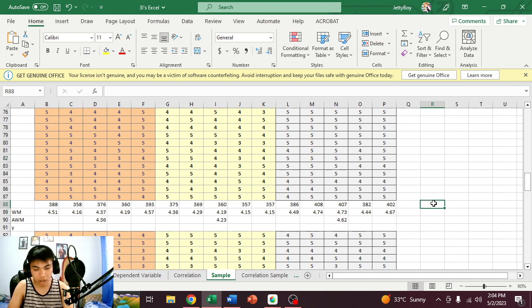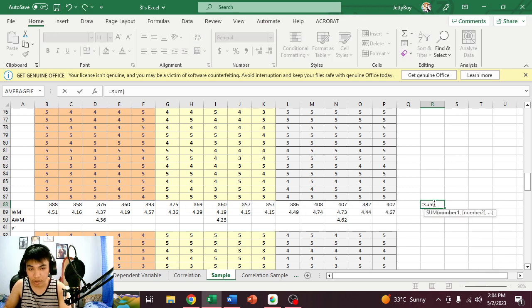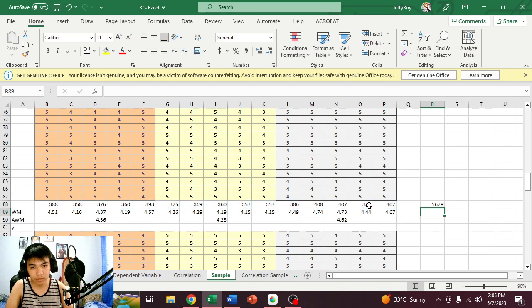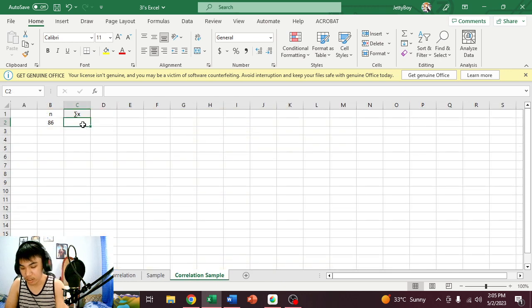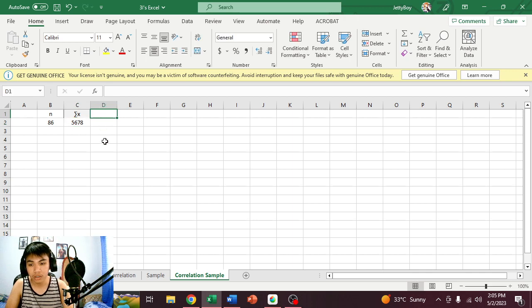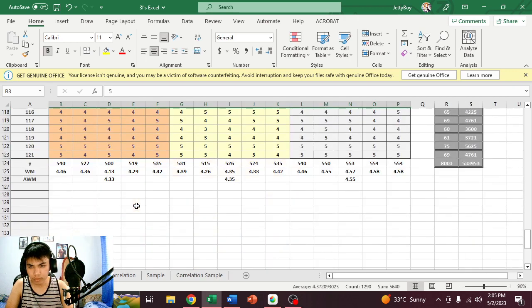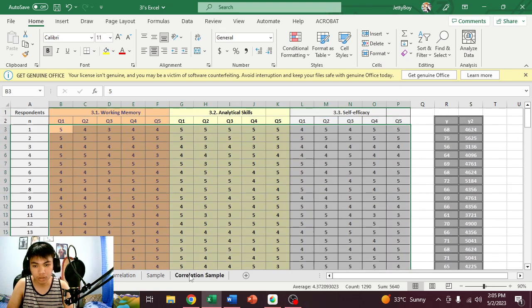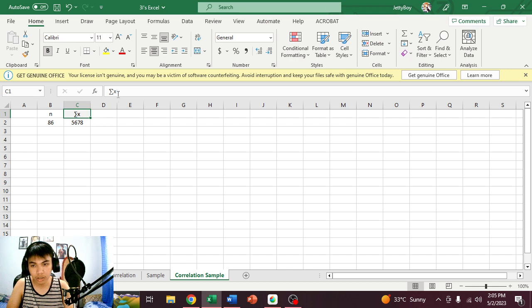So in this column here is the sum, and then parentheses, of all of these values. And 5678 is our summation of x. Okay, and now for the summation of y, we just copy that.